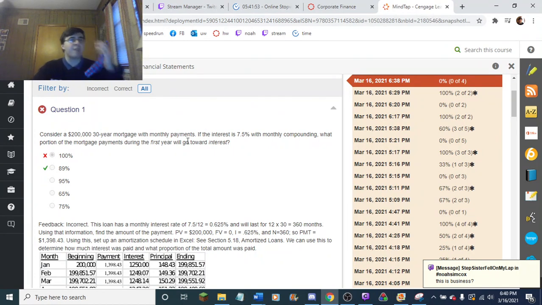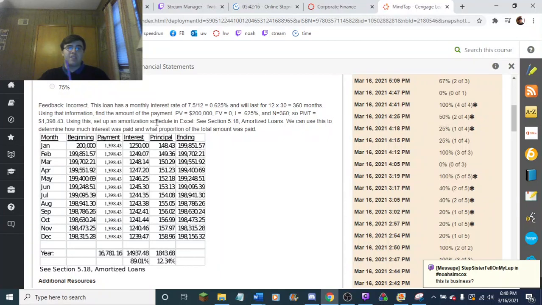It's like 80% math, 20% not math. Now set up the amortization schedule. The tutorial tells you how to do that.